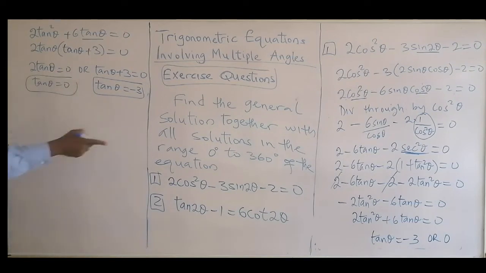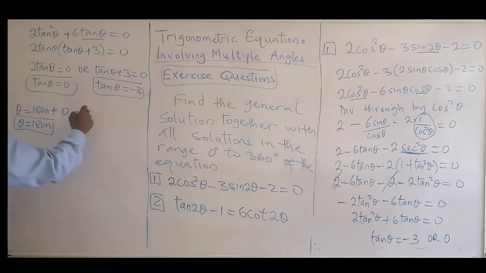That's what we also got from the calculator, so this is the manual way. We can get the general solution for these. For this one, the general solution will be theta equal to 180 n plus arctan 0. That's 0, so theta equals 180 n.